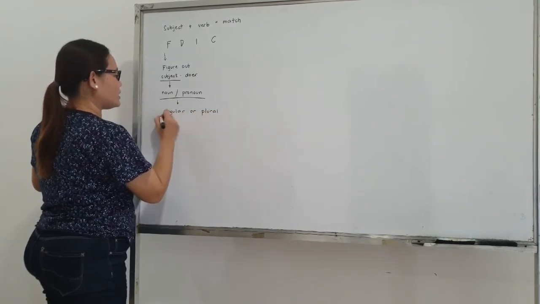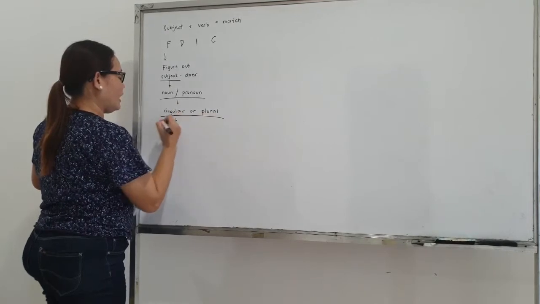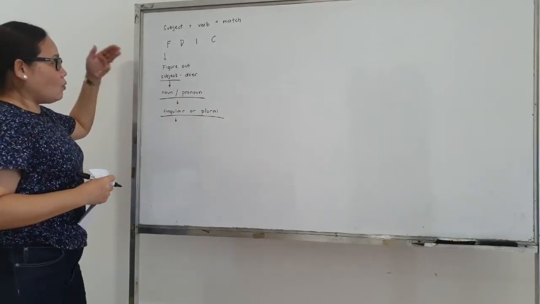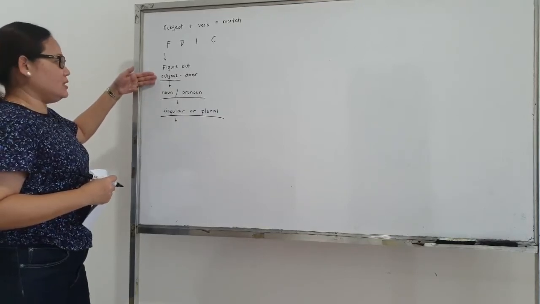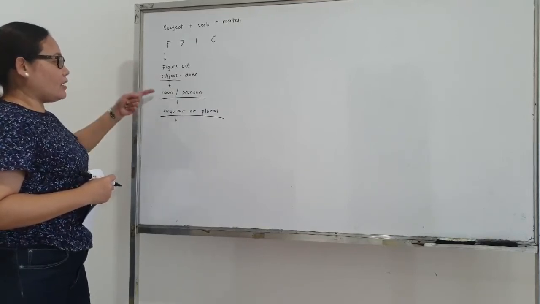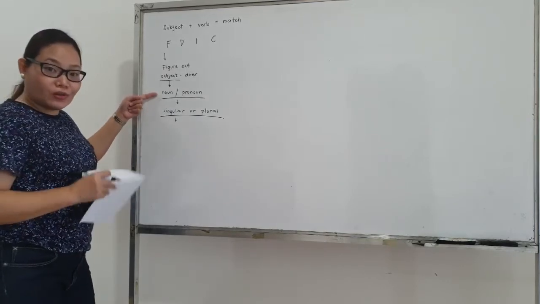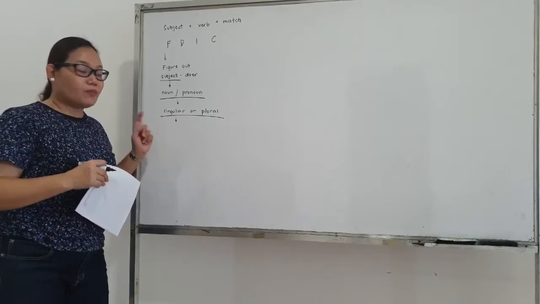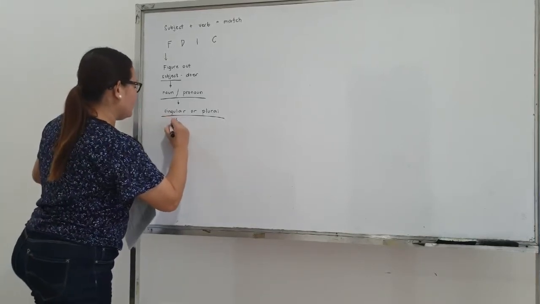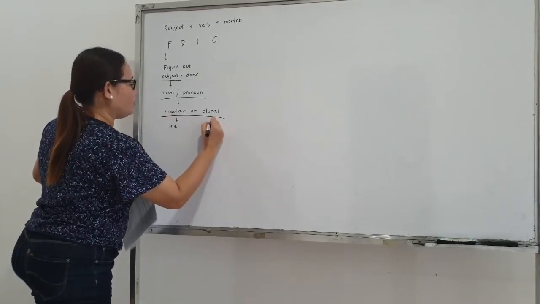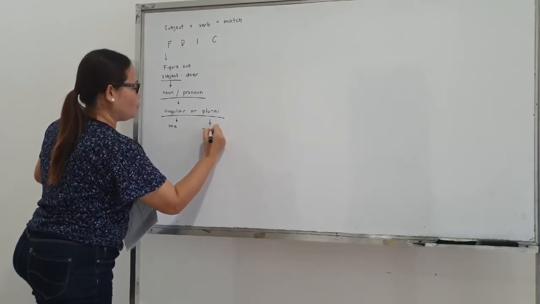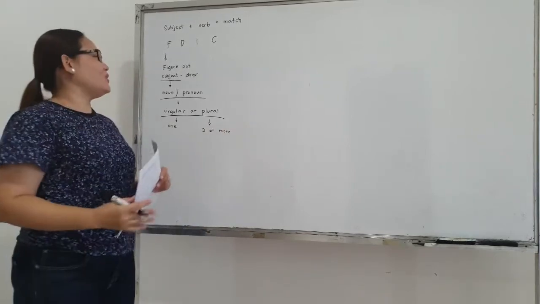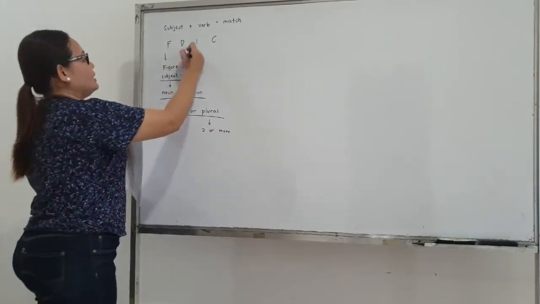You have to figure out what the subject is in the sentence. So when you say singular, it means one. Plural means two or more. Okay? Got it? Okay. So now let's go with the second one.